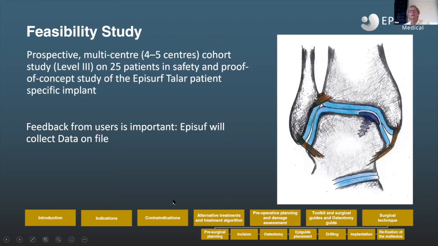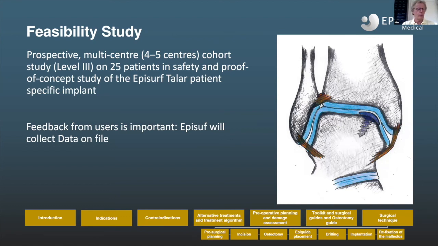So that's the procedure. So now we have started with a multi-center trial, cohort study level 3 on the first 25 patients, but the Episealer has a CE mark, so it's possible to use it.